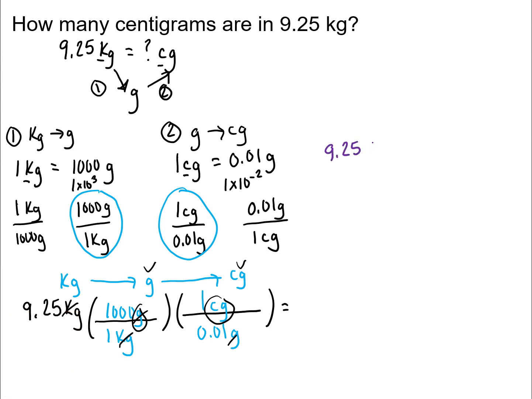9.25 times 1,000 divided by 0.01. You should get a big number. If your calculator gave it to you in scientific notation, that would be the answer.